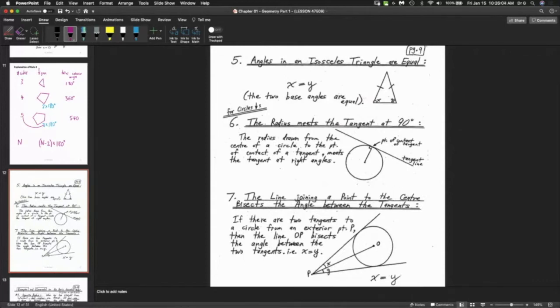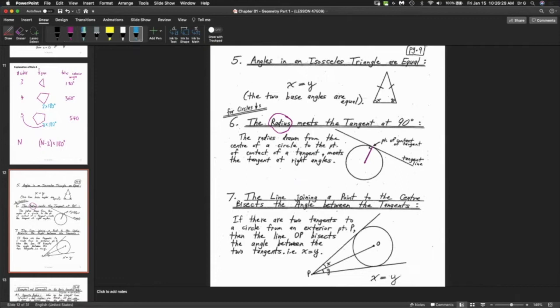The final 2 properties, which involve circles, are less known by people, but they're very valuable in terms of solving questions with more complex geometry. So this one here, number 6, is going to be the radius and the tangent. I assume that you're familiar with the radius of a circle, so that's this thing here.